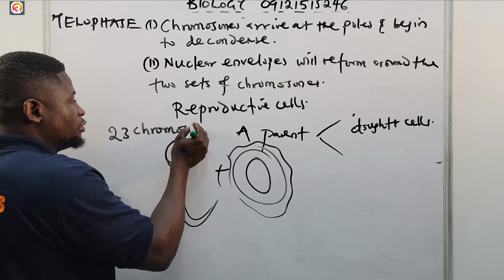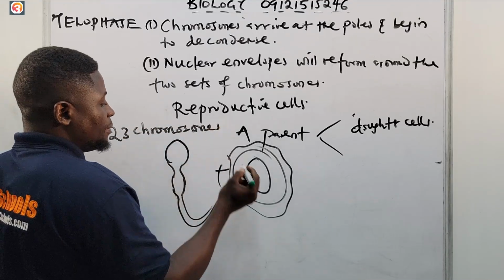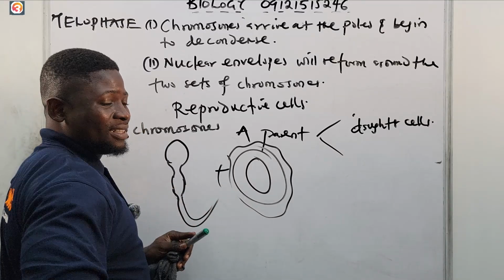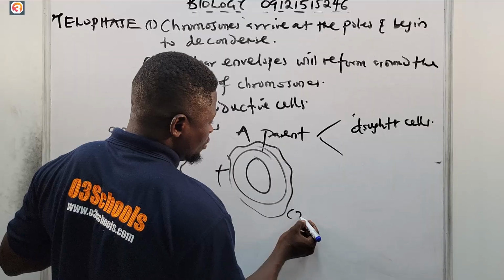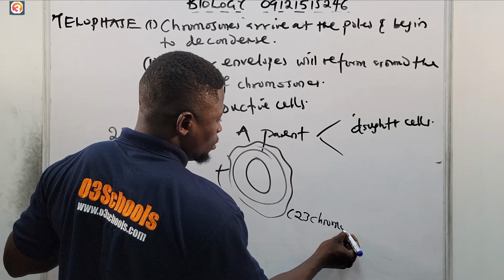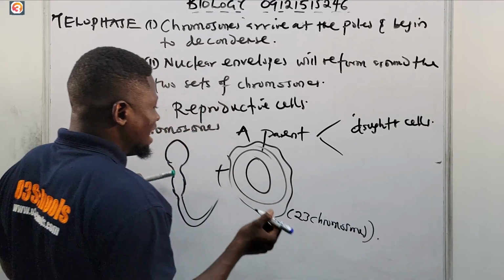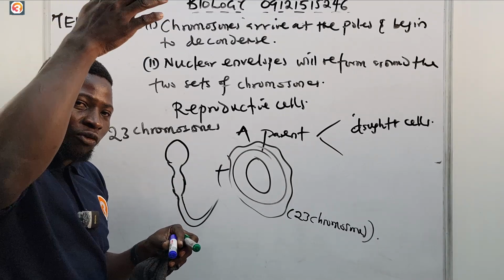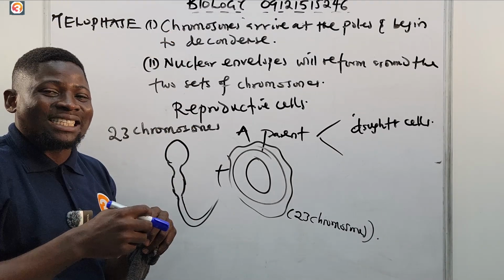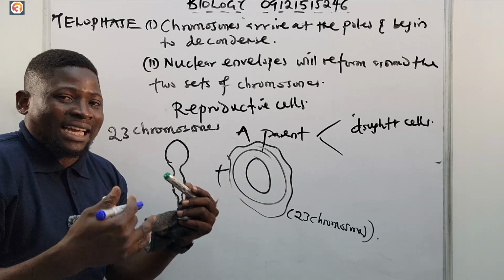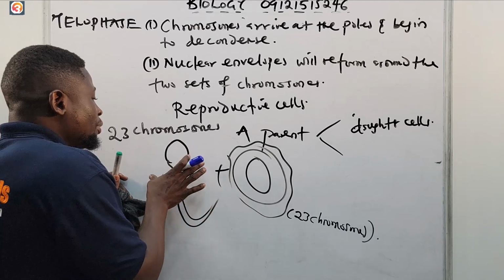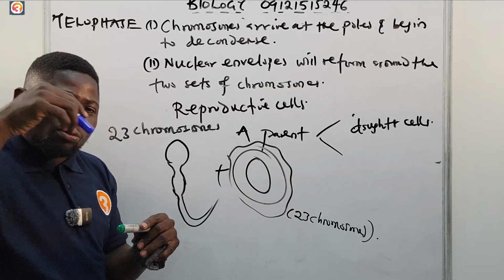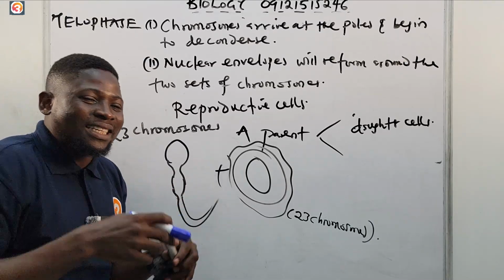Your sperm has 23 chromosomes, and your ovum also has 23 chromosomes. They have half the number of chromosomes that our somatic cells have. So the reproductive cells have 23, half the number of chromosomes that our somatic cells have.